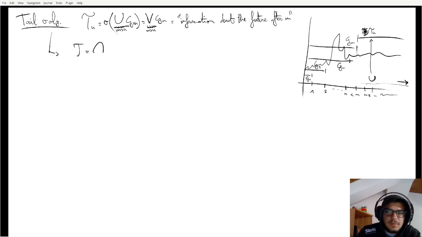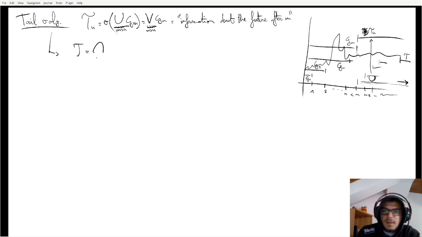Since we consider all these times, we take the intersection. Let's say this is the information after m, then we take this one, we take this one, and the intersection of them becomes smaller and smaller, because the intersection, as you remember, is the set of all elements which are common to all of them. So it becomes smaller and smaller up to some point, which we will have this T here.